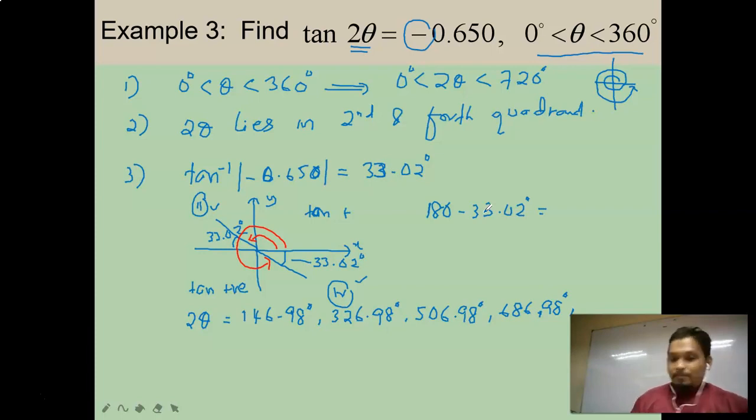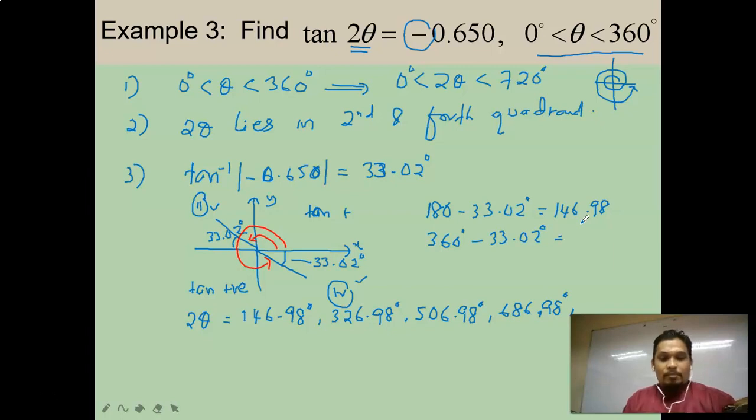Okay, and then the next one, the full cycle, which is 360. 360 degrees minus 33.02 degrees, meaning the full cycle of 360 minus 33.02 equals 326.98.